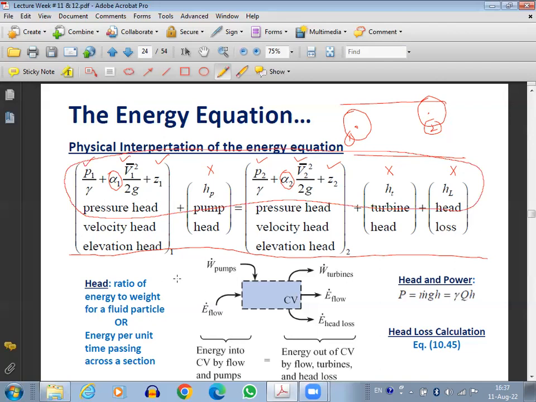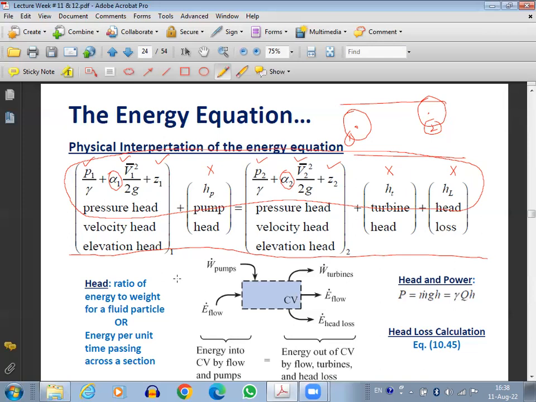If we are externally adding energy into the fluid, from point 1 to point 2, we have a turbine in between, and the turbine is adding additional energy into the fluid. That's the turbine head. What is pump head? If we have a pump which is actually extracting energy from the fluid, so as the fluid is moving from 1 to 2, there is a pump in between.